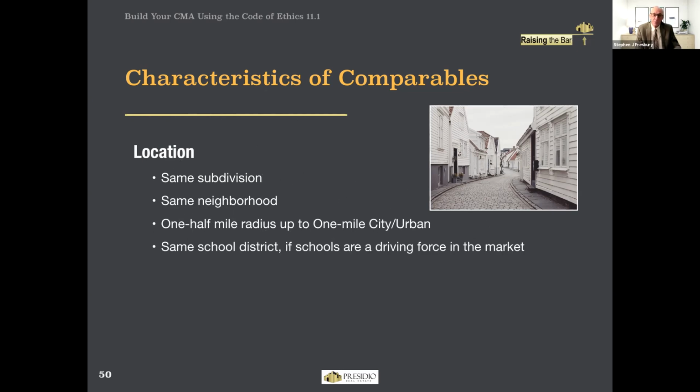Same school district if possible, if schools are the driving force in the market. Same complex for multi-family homes. And of course, if we're working for rural, usually 5 mile radius is what they work on. But as Rami said, you may have to even go out further than that if it's a very specialized home.